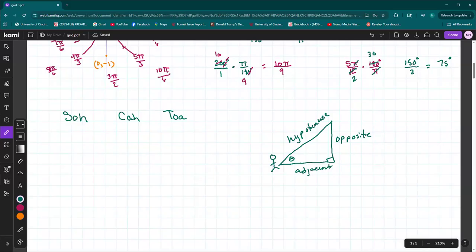Okay, and then what SOHCAHTOA means is that you've got sine, cosine, tangent. 1 over cosine equals the secant. 1 over sine equals the cosecant. And 1 over tangent equals the cotangent.